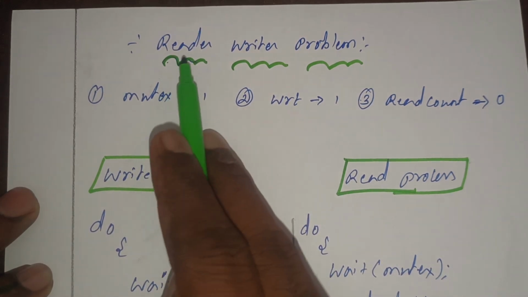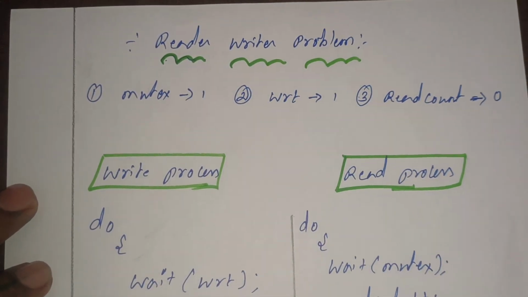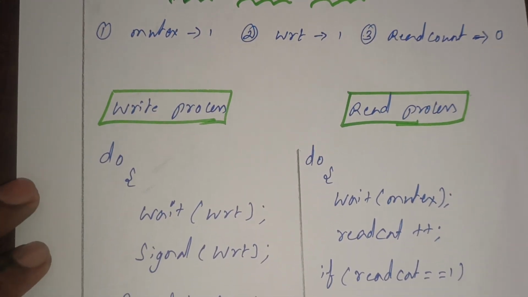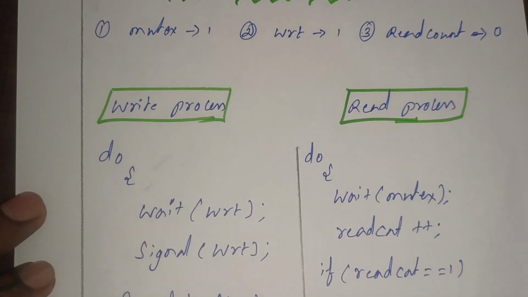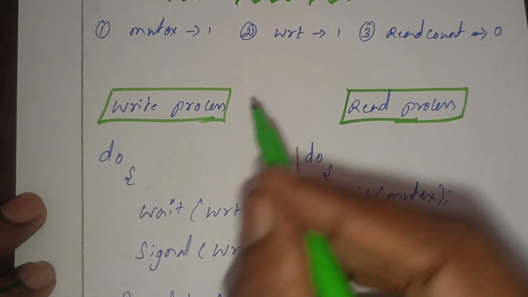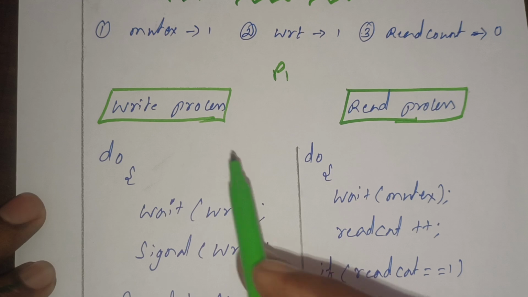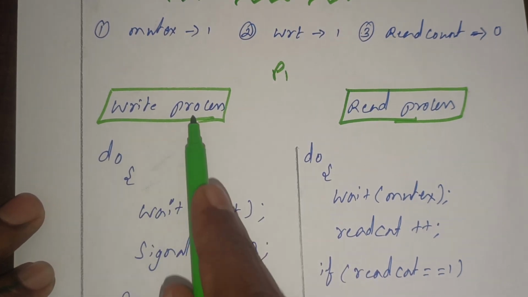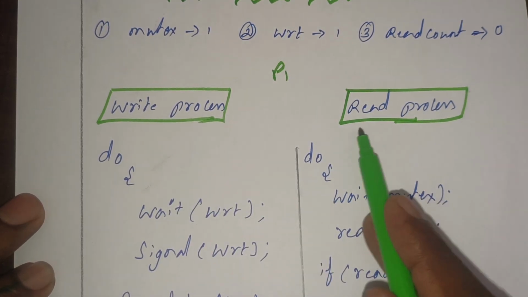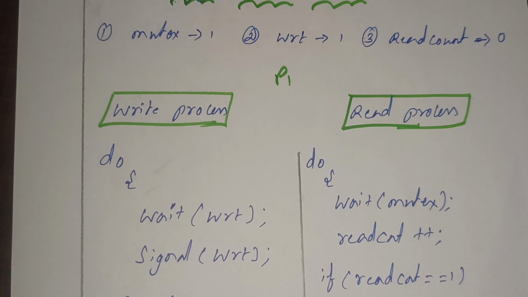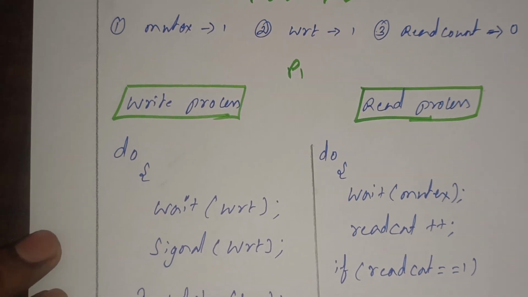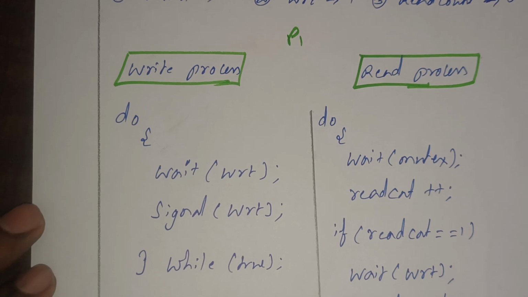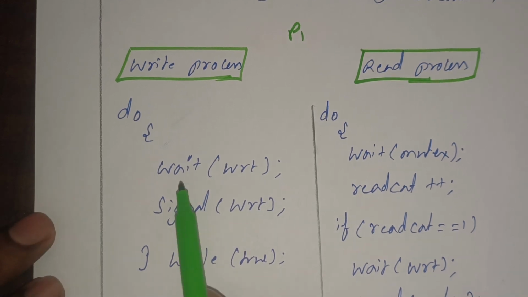So here comes the solution, the reader-writer problem. I have a pseudocode definition for these two procedures here. For example, process one is trying to perform a read process, or else it is trying to perform a write process. Let me tell you how this procedure executes. Here there is a write procedure with only two conditions, that is wait and signal.